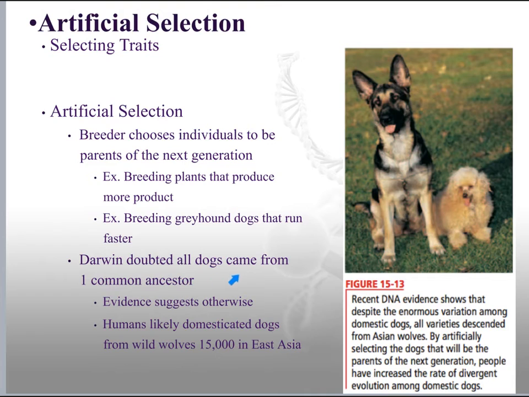Darwin actually doubted all dogs came from one ancestor. He thought that there was just too much variation here for them to actually have been from the same ancestor. But actually, evidence is suggesting otherwise, that there was a common ancestor for all dogs. And just another interesting fact about dogs, wild dogs and domestic dogs.